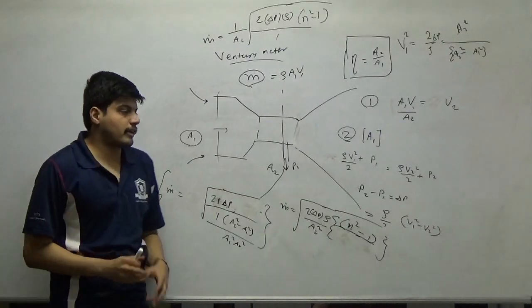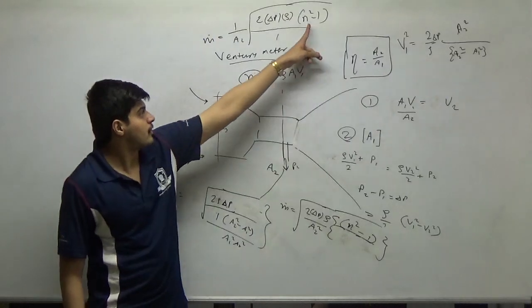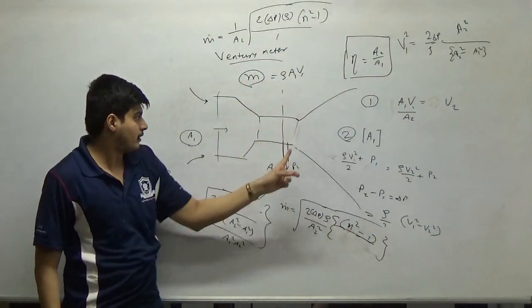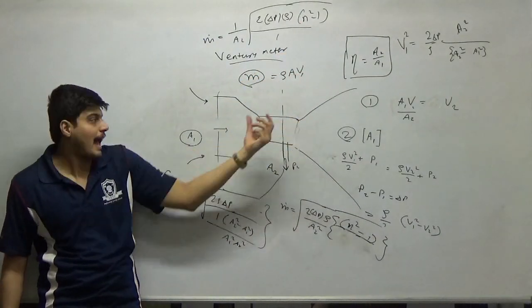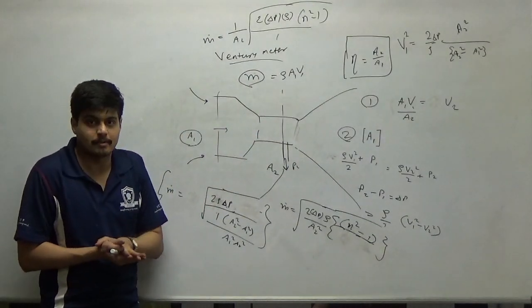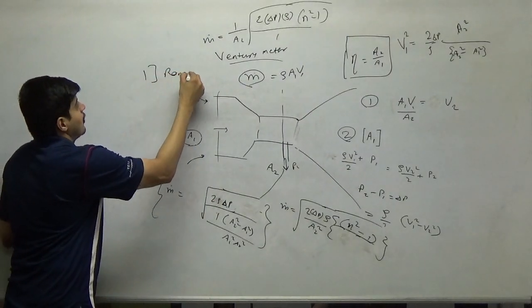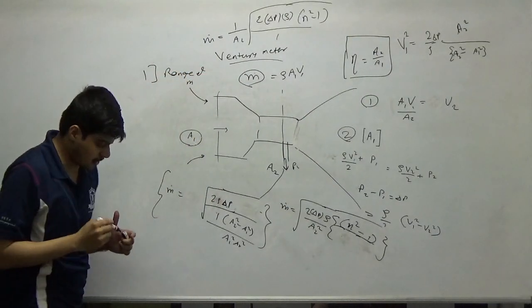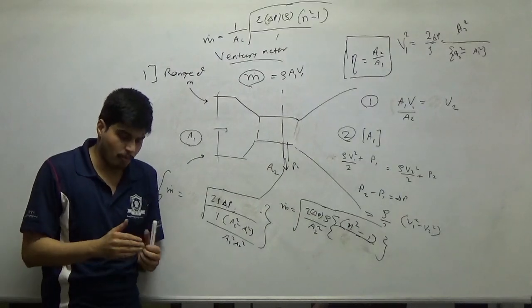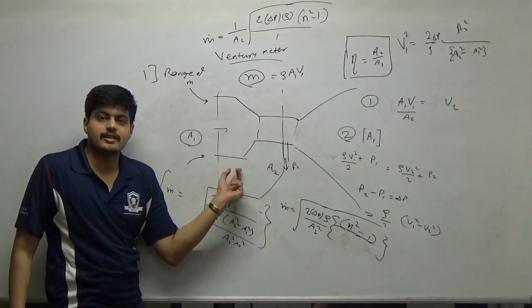The important idea here is, smaller the mass flow rates that you want to measure, smaller the eta has to be. More and more constriction, but as you start constricting your venturi meter too much, non-linearity effects come, which means venturi has a range of m dot in which it works linearly.